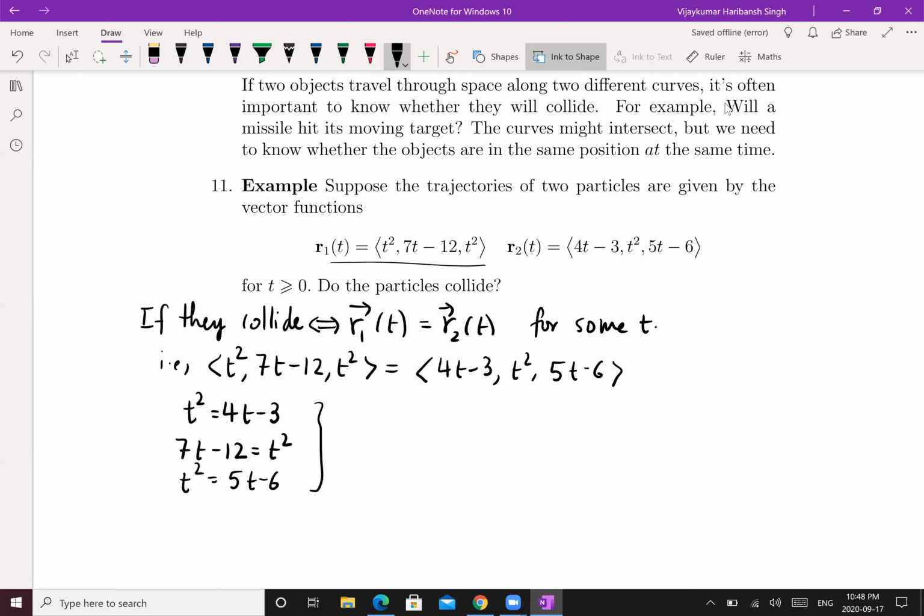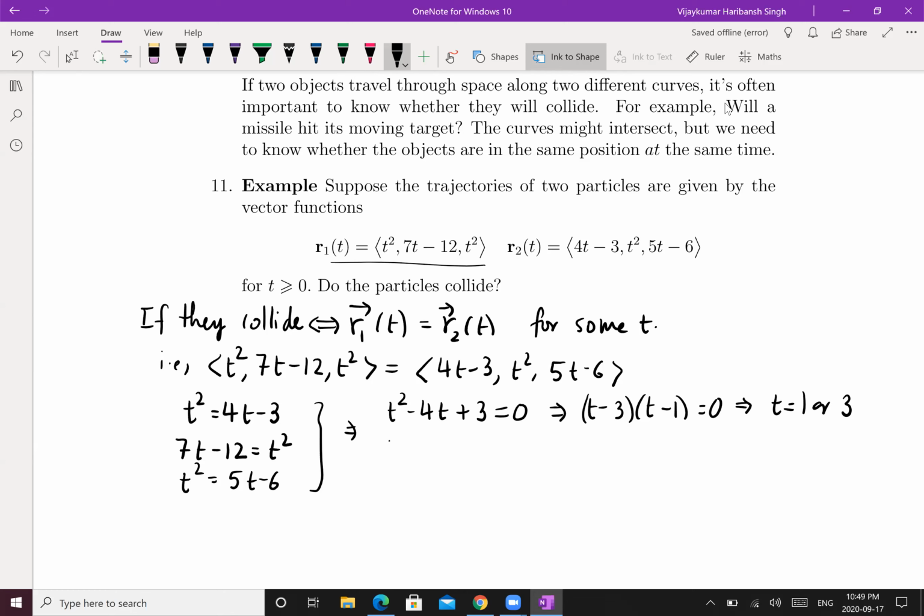Now the first implies t square minus 4t plus 3 equals 0. This implies (t minus 3)(t minus 1) equals 0, which implies t equals 1 or 3.